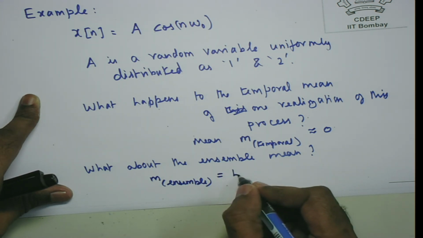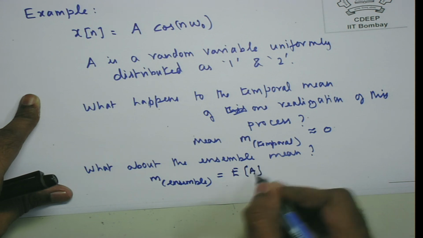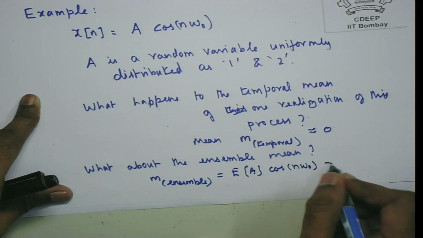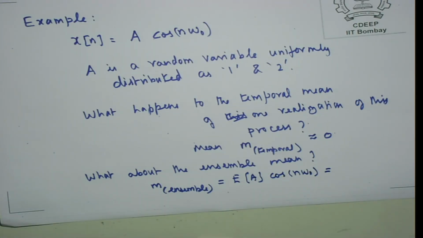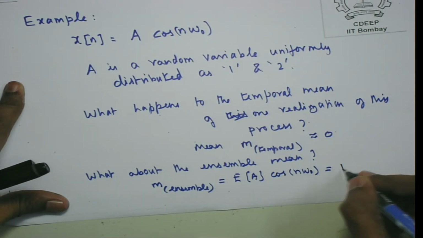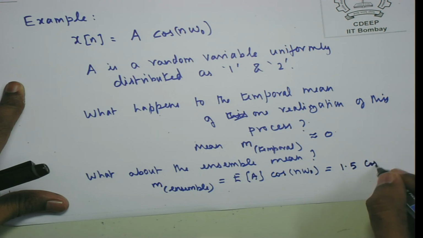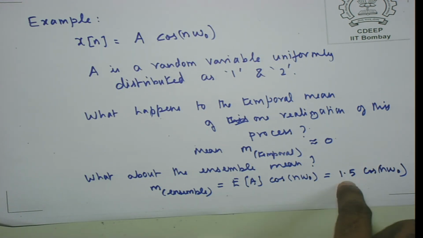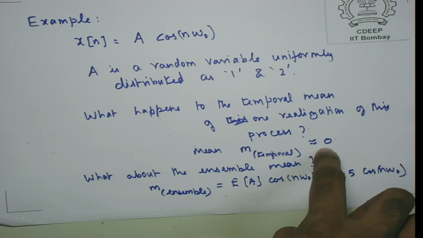So that is just the expectation of A times cos n omega naught. If it is uniformly distributed, then we have, let us say, 1.5 cos omega naught. So you can see in this case the mean is time varying, whereas here the mean is just a constant 0.